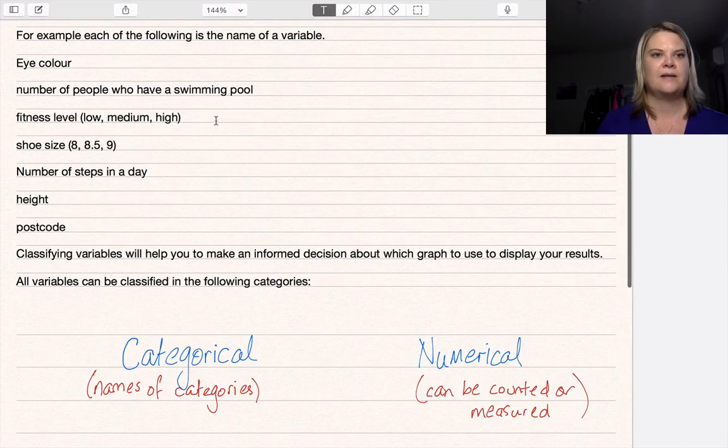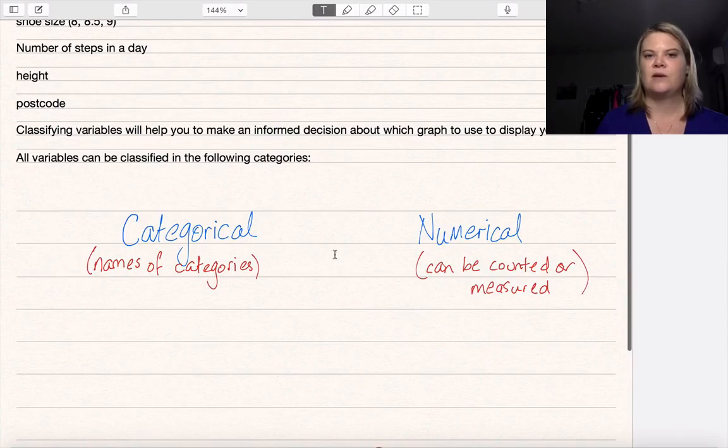So if we look up at our example, we can count the number of people who have a swimming pool, so that's a numerical variable. We can count the number of steps in a day, so that's numerical. We can measure someone's height or weight or a distance someone runs in a day. They would all be numerical variables that we can measure.